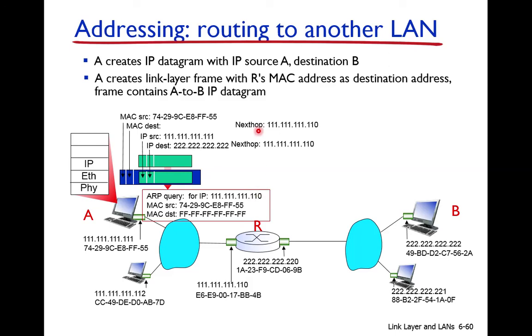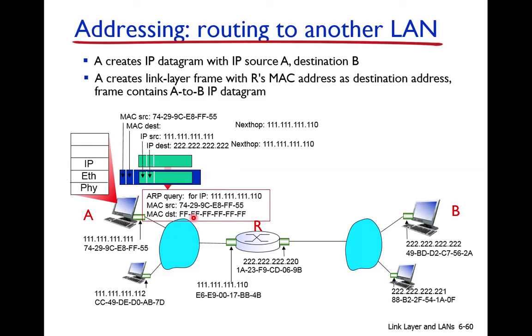Why? Because this is the next hop. A wants to forward the message to this next hop, but A forwards the message at the data link layer using MAC addresses. So host A needs the MAC address of this IP, so it sends the query for this IP address. ARP query means that host A is looking for the MAC address of this IP address.